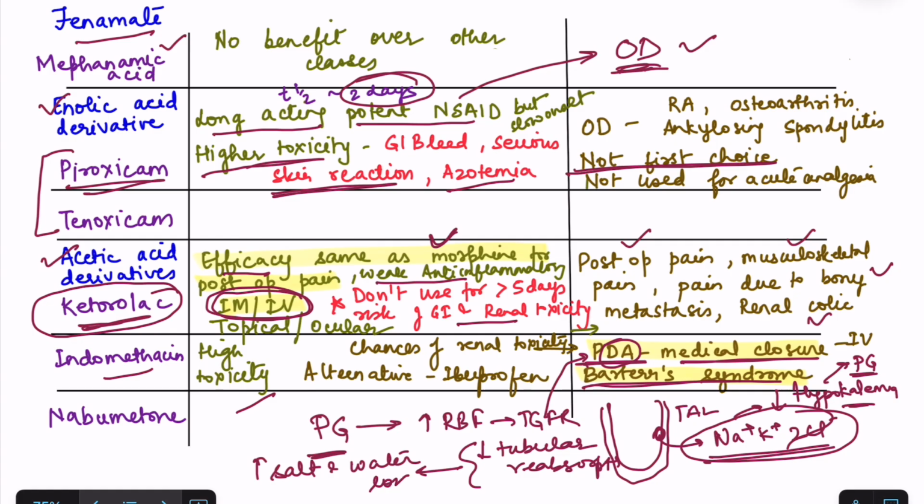So already we are seeing that because of the problem with this sodium potassium 2 chloride, there is salt and water loss, and now with prostaglandin production there is more salt and water loss. So indomethacin blocks the production of prostaglandins within the kidney, right? So indomethacin is used for two conditions, patent ductus arteriosus and Bartter's syndrome.